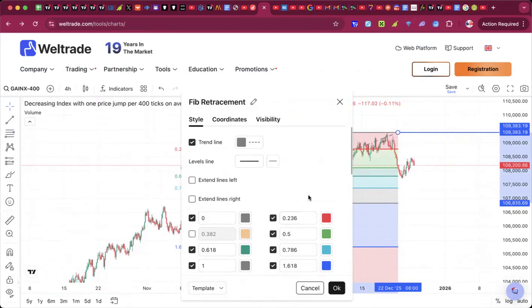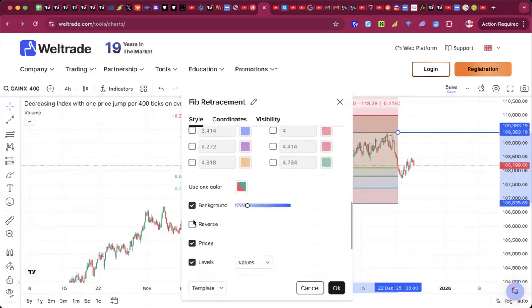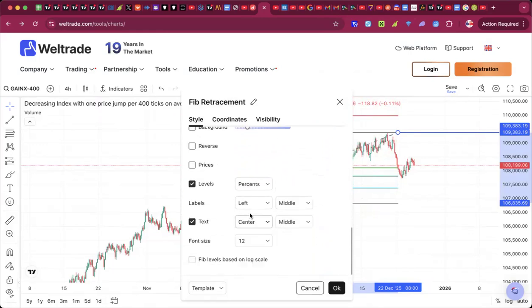So I take out this, remove all of this, and check: this one minus 0.5, minus 0.5, 0.5. Remove the background. Put in percentage. Right.